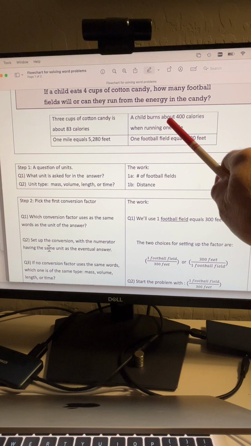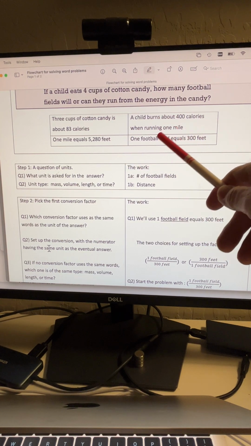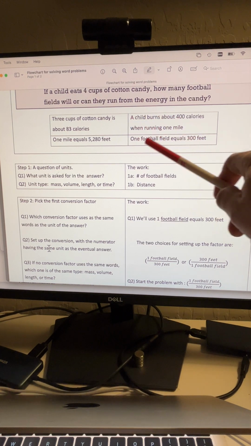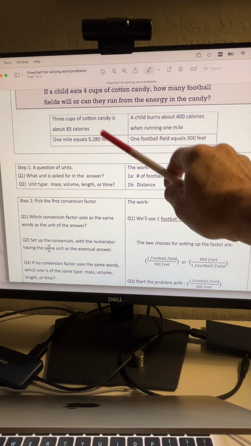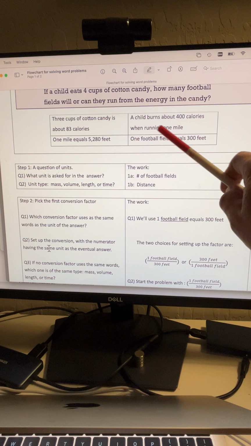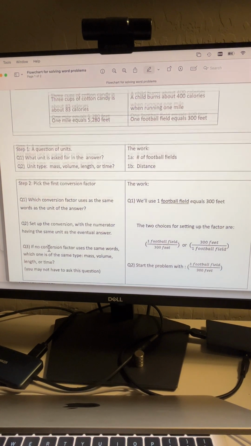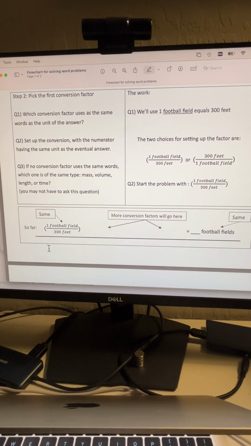For now and for chemistry, and then maybe in some of your advanced classes, you might have 2 that say football field, but right now it's only 1. There's only one thing to pick. This is not a math question anymore, other than we're recognizing the number. So we put it right there.